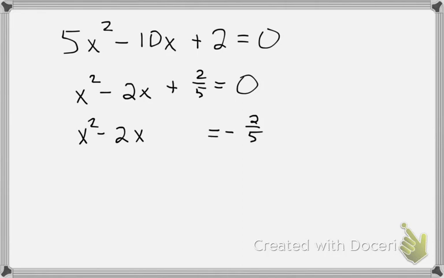So what is it that I would do to complete the square on this one? What goes in this blank spot? Half of negative 2 is negative 1, which squares to plus 1. Right? A square is always going to be positive, except i squared. That's why we had i squared. But if I add 1 to the left, add 1 to the right.